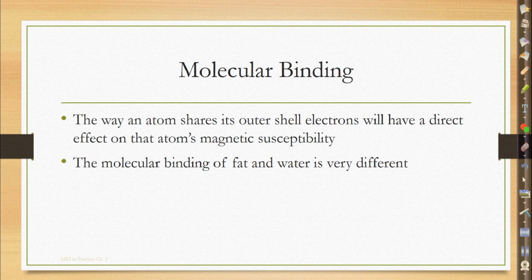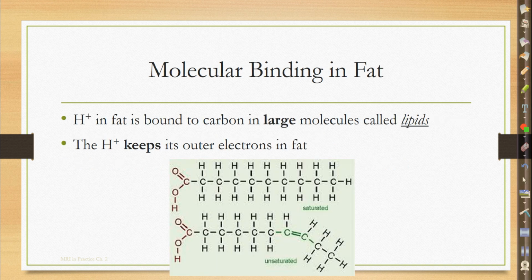Compared to our lipids, where hydrogen is really just sharing that electron, and you don't really get a more positive or more negative side to that molecule. So here, molecular binding in fat. The hydrogen proton in fat is bound to carbon in large molecules called lipids. So that hydrogen proton keeps its outer electrons in fat. So you don't really get a more positive or a more negative side.